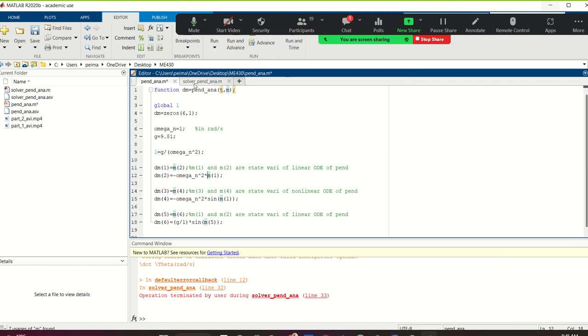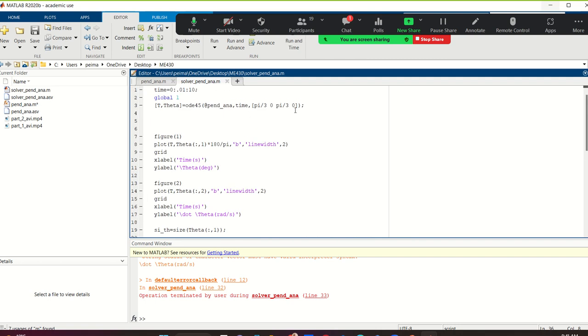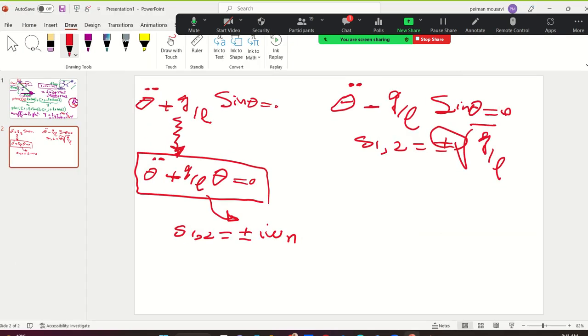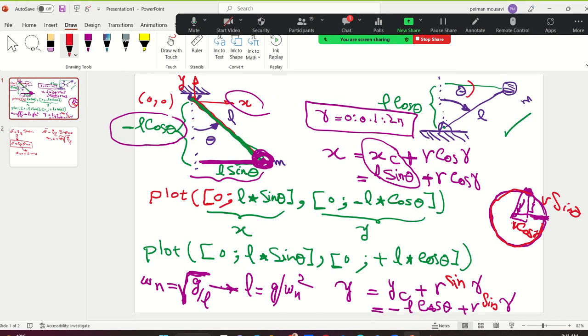So now I have to add 2 more initial conditions. Okay, let's do that. I'm saying, starting from, I don't know, pi over 4. Starting from this angle.